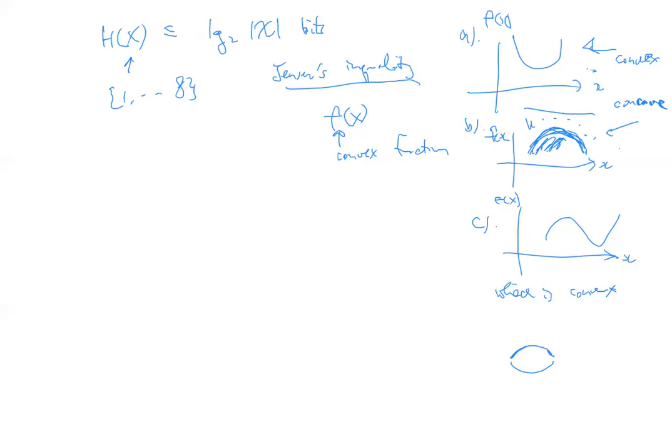So for a convex function, we can extend to high dimensions. I guess I can draw some bat. I can draw a bird, but I don't know how to draw a bat.